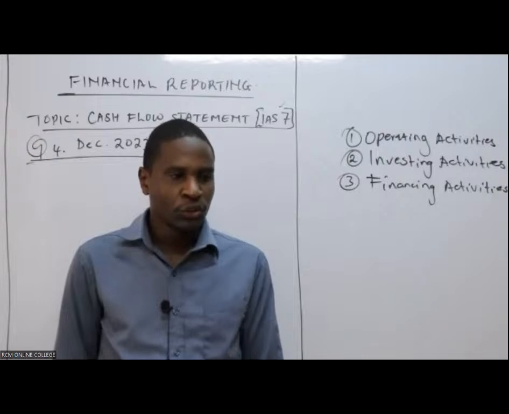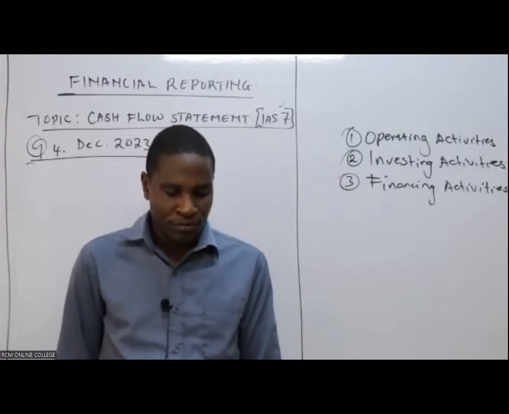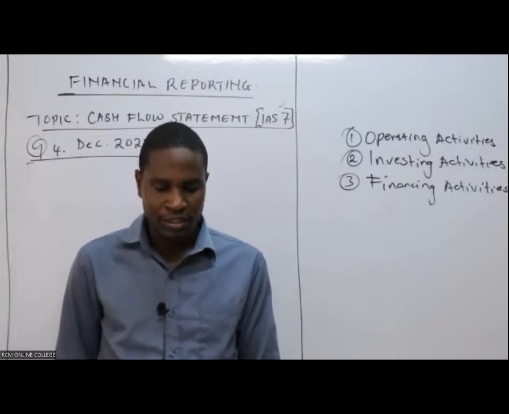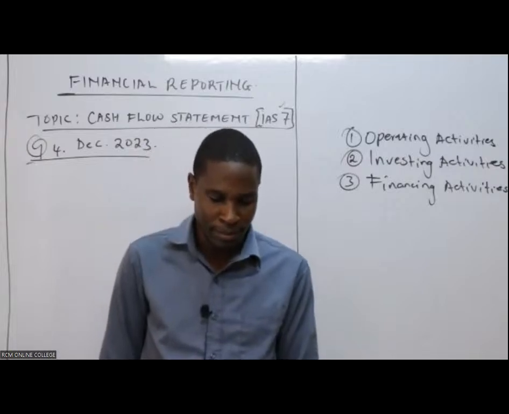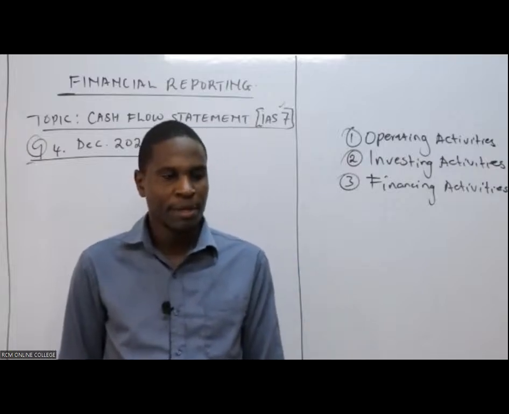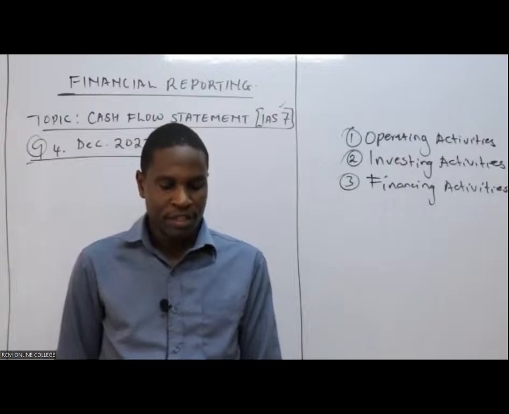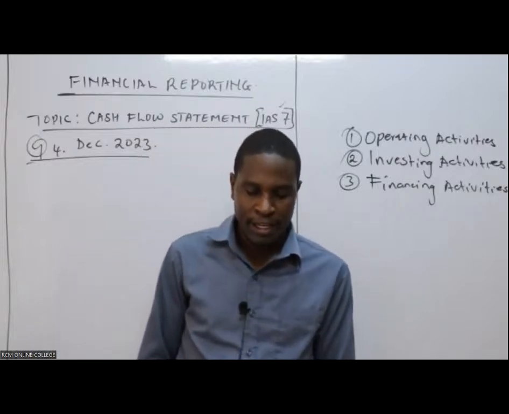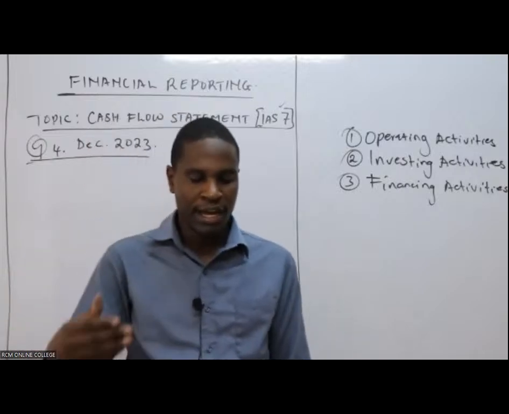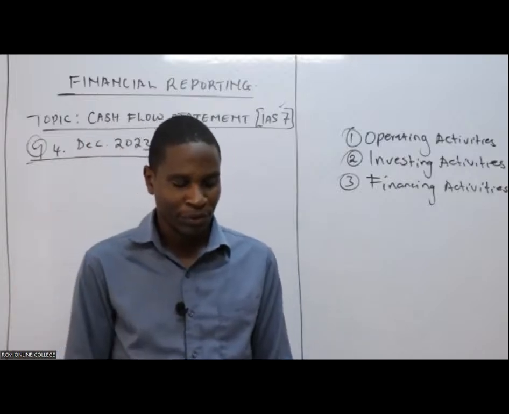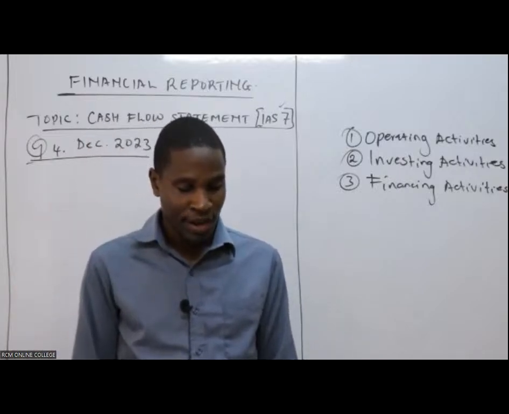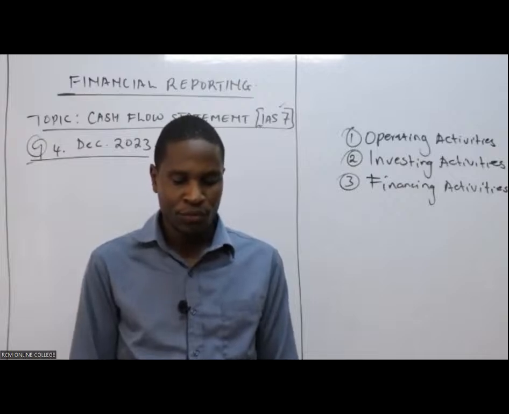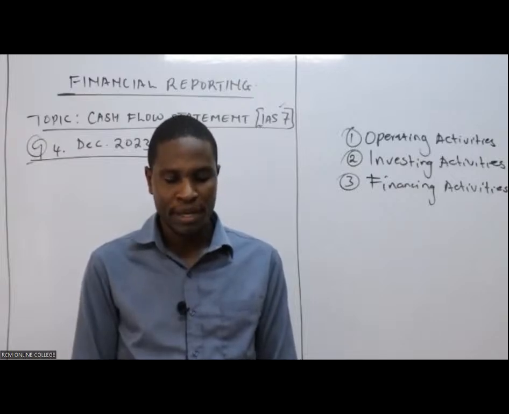Now, the question reads: the following financial information was extracted from the accounting records of Bundo Limited, a public limited company. We are given the statement of financial position as at 31st October 2023 and 2022, then the statement of comprehensive income.